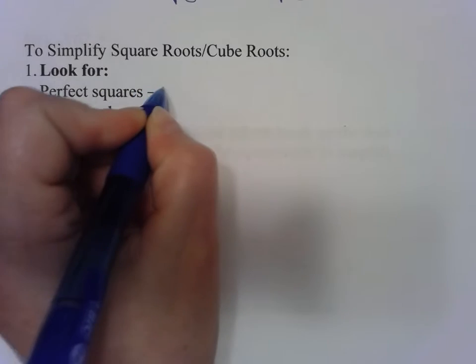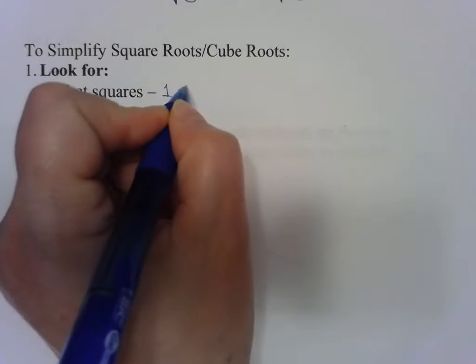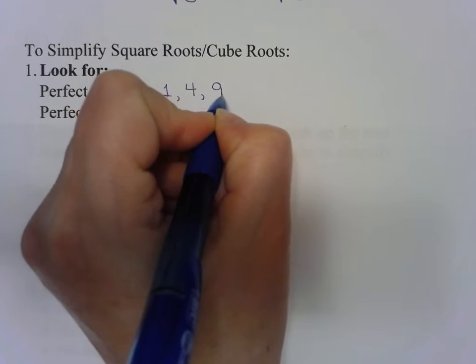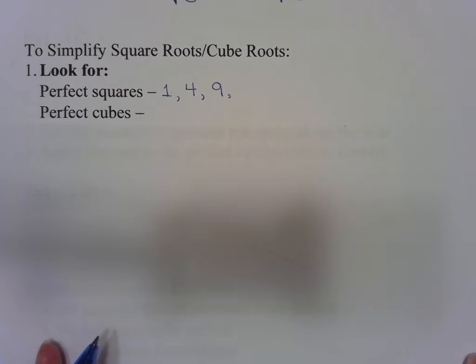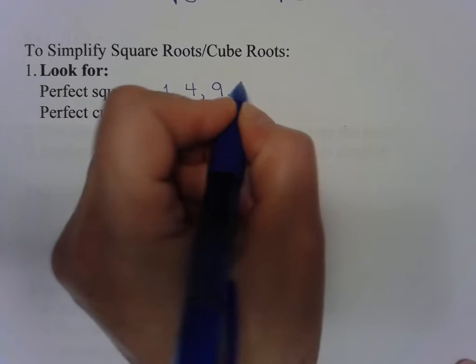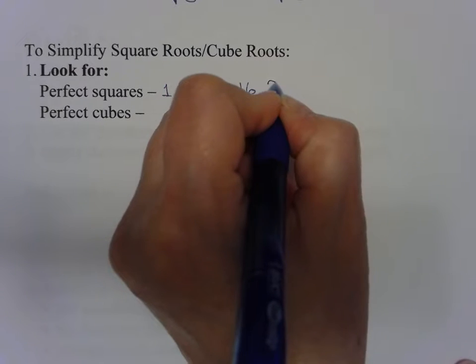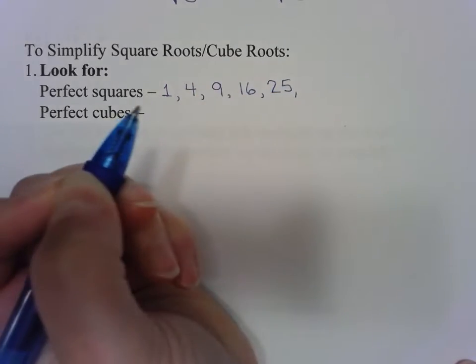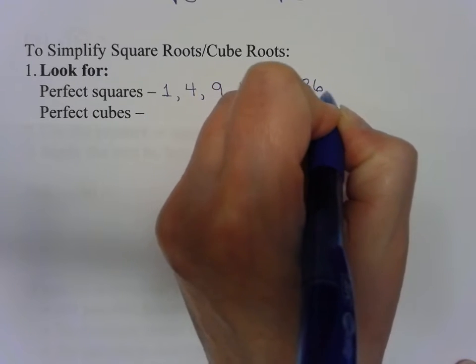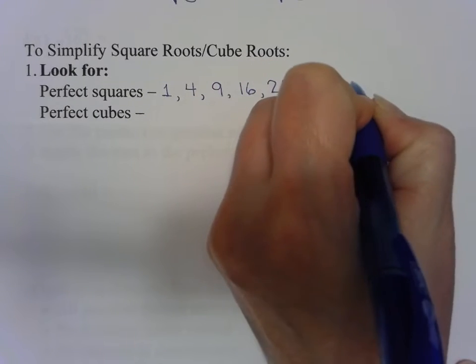Perfect squares would be a number like 1 times 1 is 1, so 1 would be a perfect square. 2 times 2 is 4, so that would be a perfect square. 3 times 3 is 9. Okay, maybe we can go down the list together, right? The next one would be 16, 4 times 4, and then we'd have 25, 36, 49.